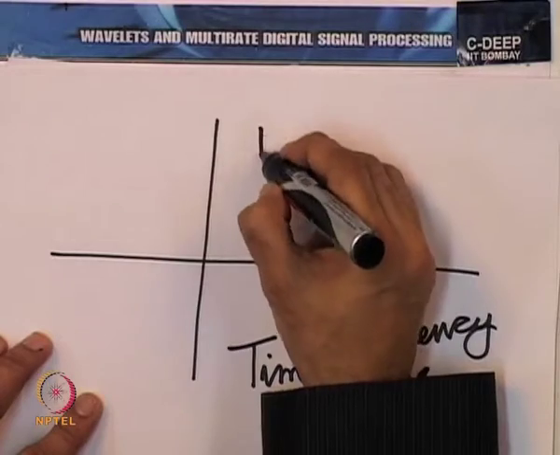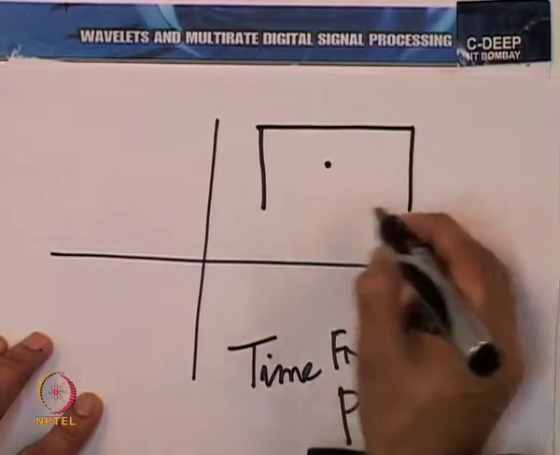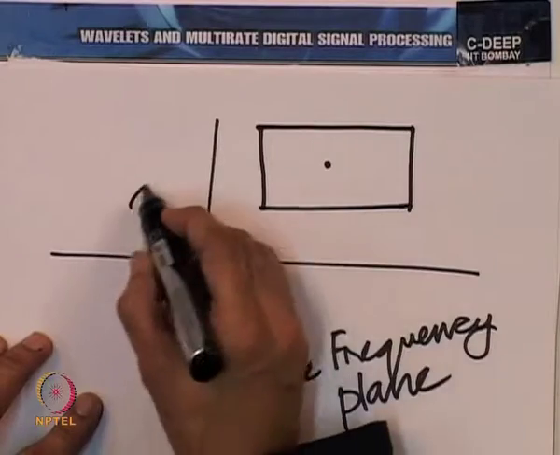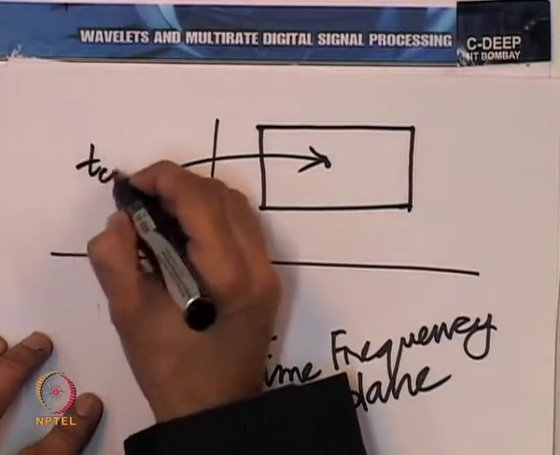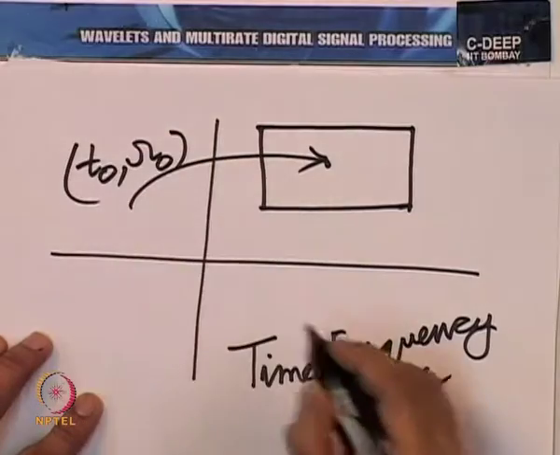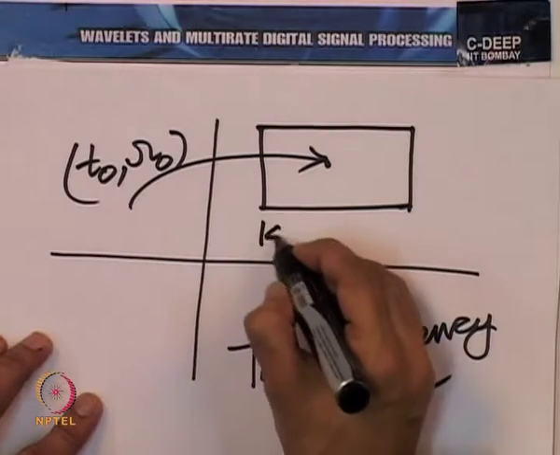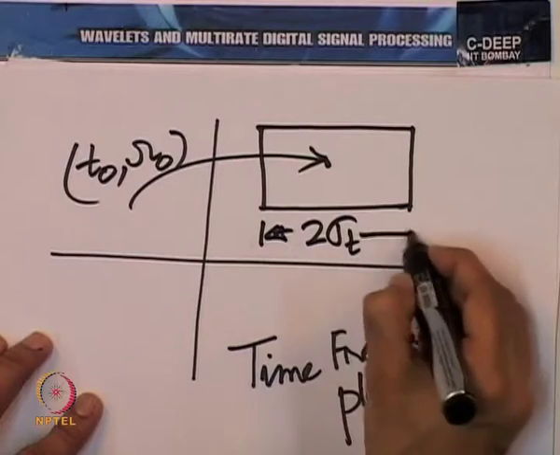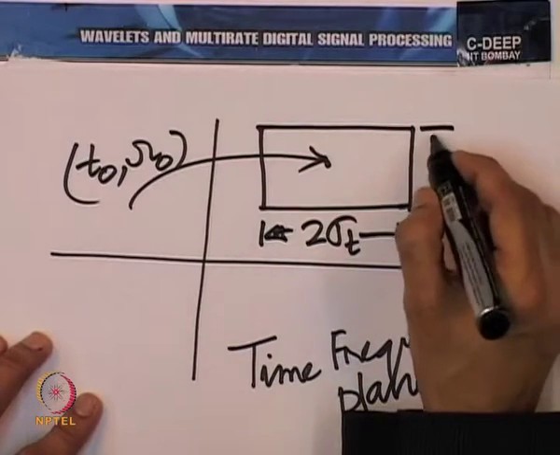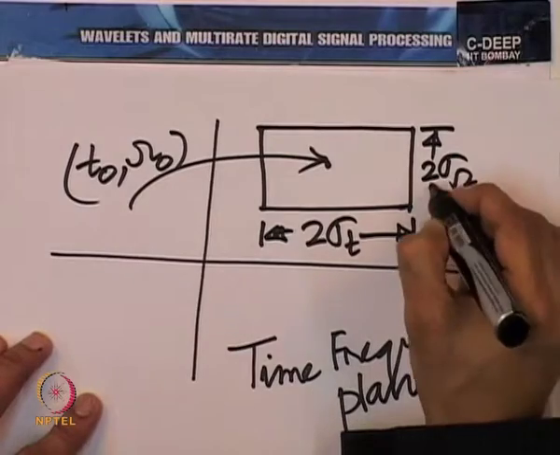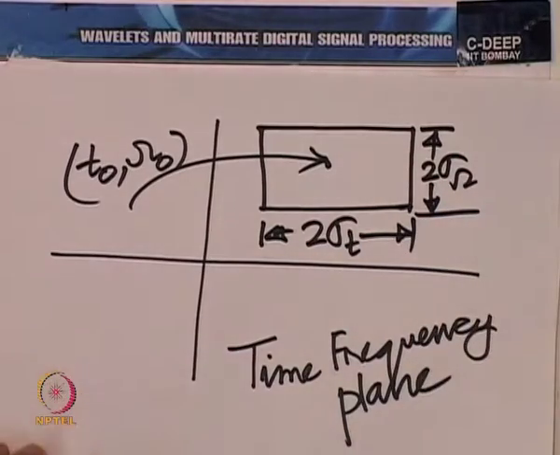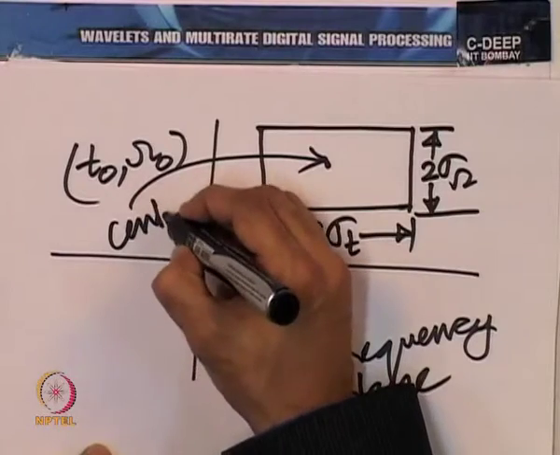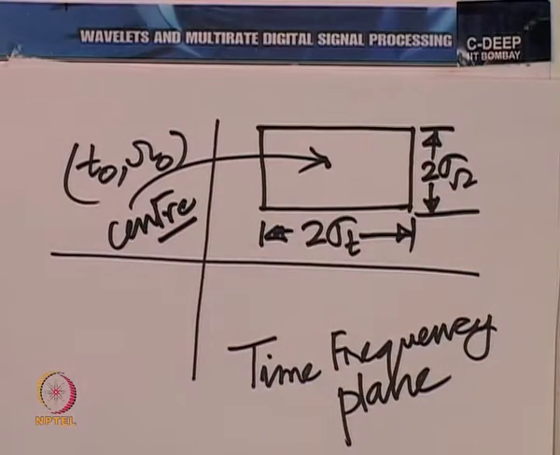And a function x t occupies a rectangle in this time frequency plane, center t 0 omega 0, spread 2 sigma t horizontally, 2 sigma omega vertically. A very interesting concept.